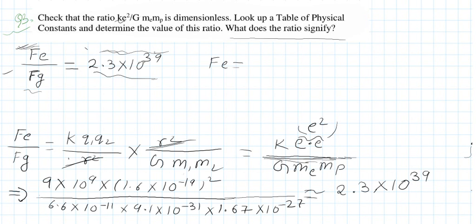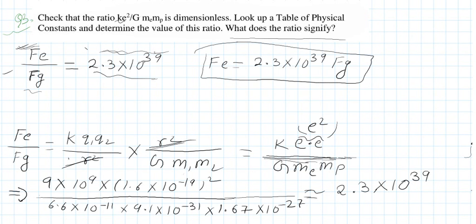In this particular case, the electrostatic force is 2.3 into 10 the power 39 times stronger than the gravitational force acting between electron and proton. That's it.